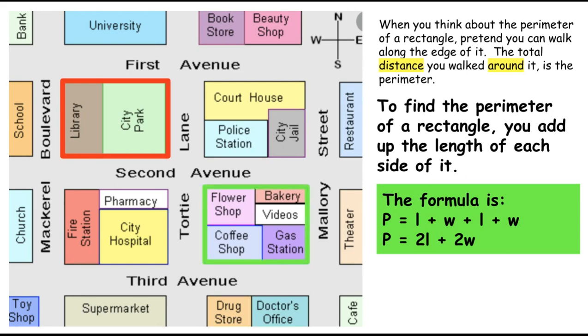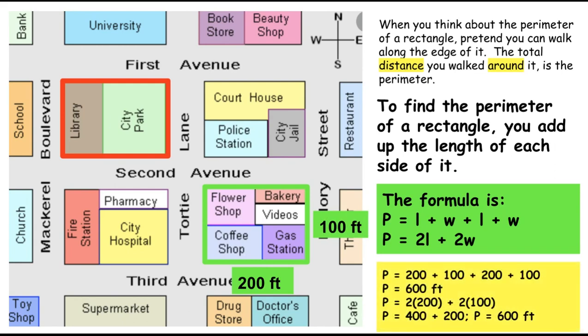I wanted to find out the perimeter of this city block. I need to know the length and the width. So the length is 200 feet and the width is 100 feet. So to solve, I need to add the length 200 plus the width 100 plus 200 plus 100, and my answer is 600 feet.